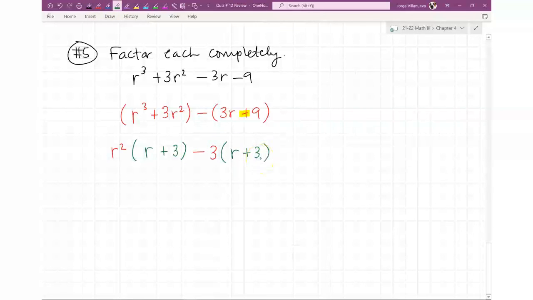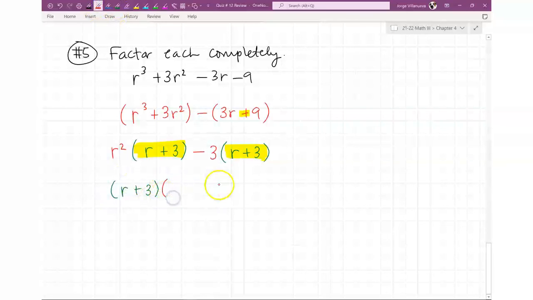Is this one going to be factorable? Yes, because my parentheses in green, they match. Okay, these match. If this matches with that, then I can do that step that we call the common factor, step 3, right? In the 3 steps you need to do. So, r plus 3 is one of my factors.